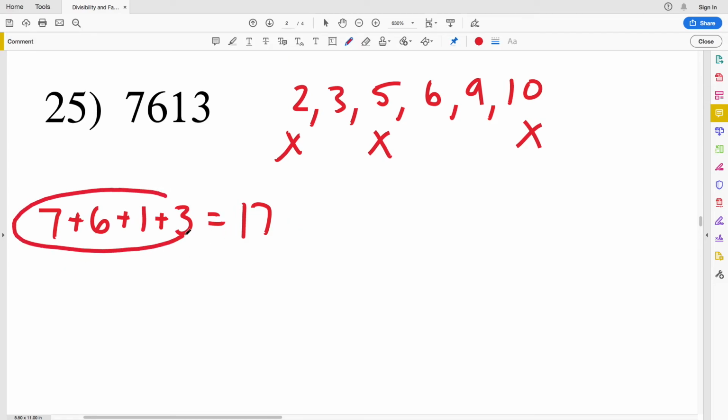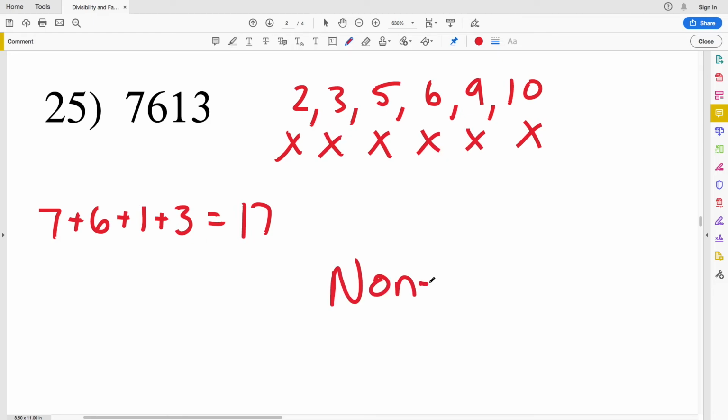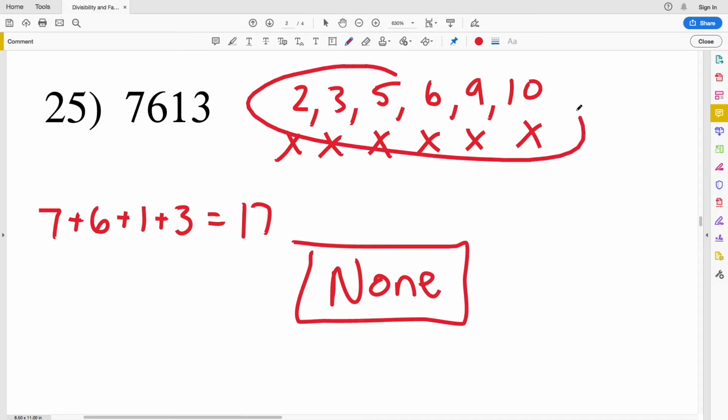Remember, addition is commutative, so the order in which you add does not matter. But 17 is not divisible by 3, and if it's not divisible by 3, we know it's not divisible by 9, and since it's not divisible by 2 or 3, it's also not divisible by 6. Therefore, it's not divisible by any of our numbers. None of our numbers are factors.